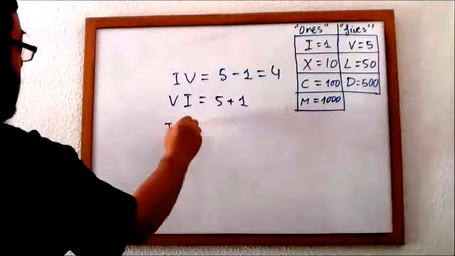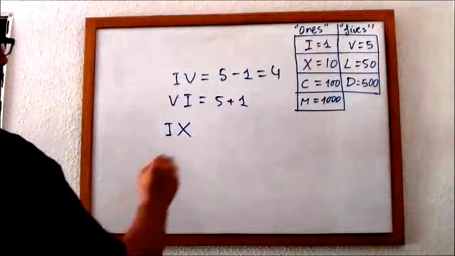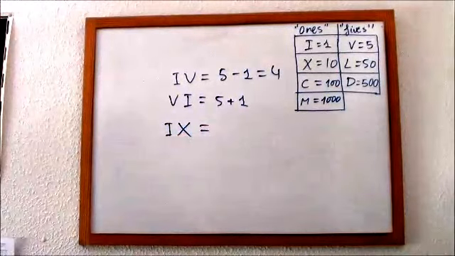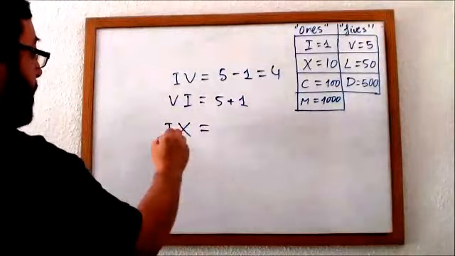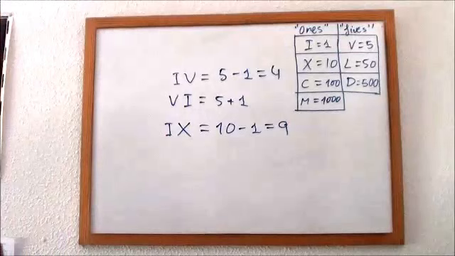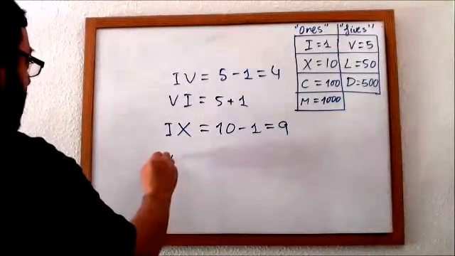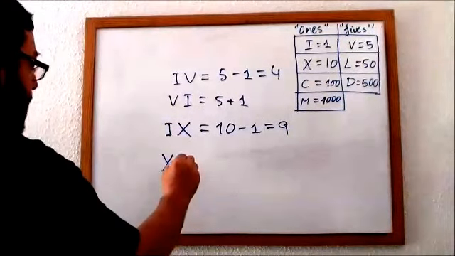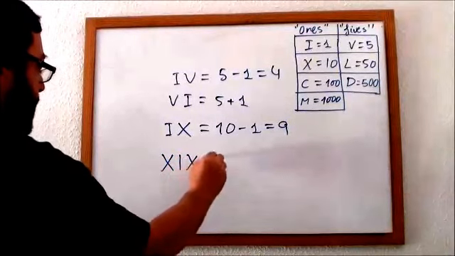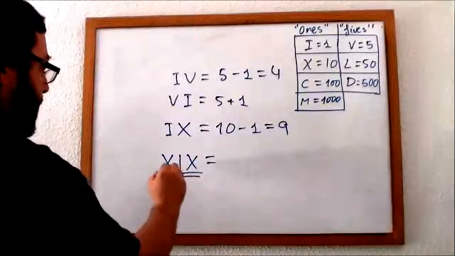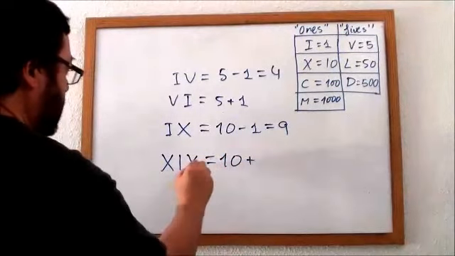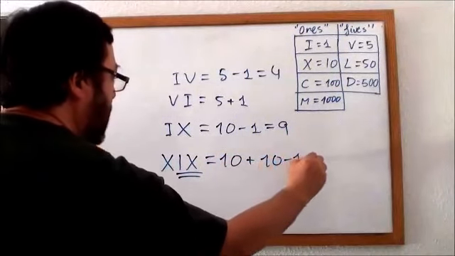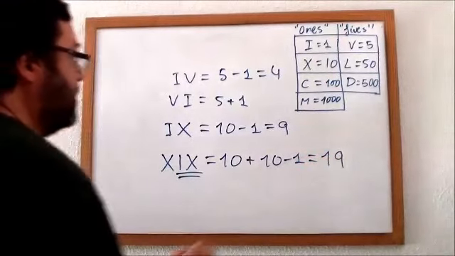In the same way, an I and an X, when the I is on the left of the X, we are taking away the number, so that would be 10 minus 1, which is 9. If we have an X and now a 9, this would be 10 plus 10 minus 1, so that would be 19.